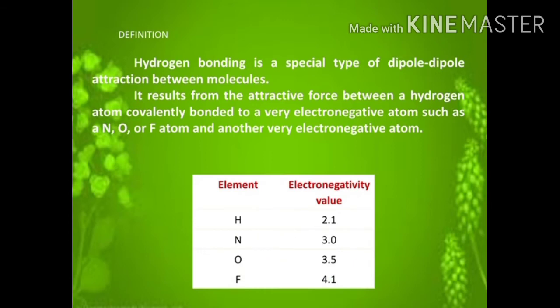Element hydrogen electronegativity value 2.1. Element nitrogen electronegativity value 3. Oxygen electronegativity value 3.5. Fluorine electronegativity value 4.1.